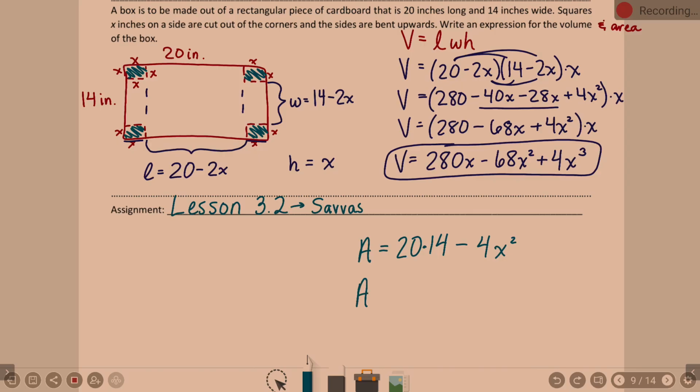Clean that up and you've got your answer. 20 times 14 was the previously mentioned 280 minus 4x squared. That represents what would be the area of the box. And that's a little bit shorter way to get there because they started us on a piece of cardboard. Okay?